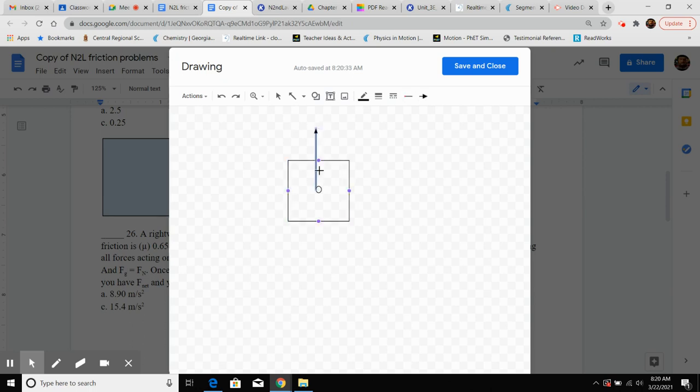We got an arrow up. We got an arrow down. We're going to have an arrow right. And we're going to have an arrow left. Now, in the problem, they asked us to solve for acceleration, so I'm assuming that the applied arrow is going to be a little bit bigger than the other pieces.